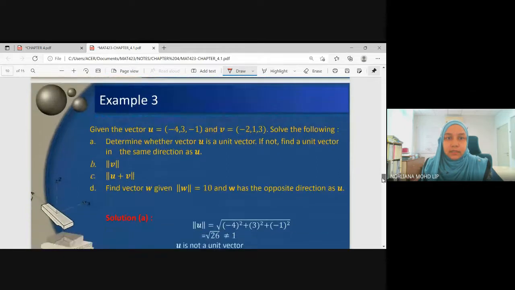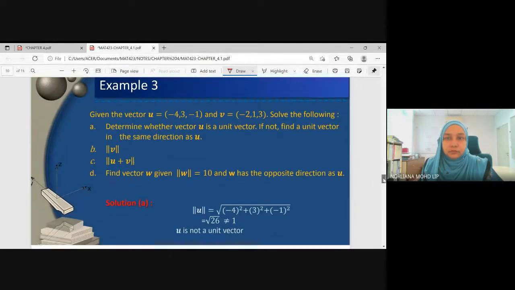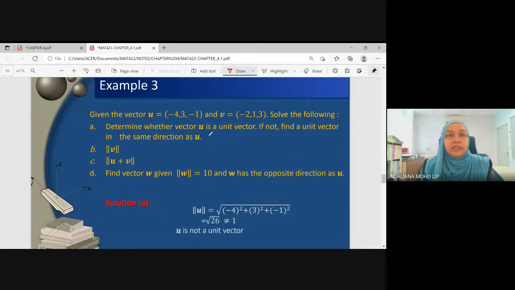Okay, look at example 3. Given the vector u is equal to (negative 4, 3, negative 1), and v is equal to this vector, a vector in 3-space. Solve the following. Determine whether the vector u is a unit vector or not.